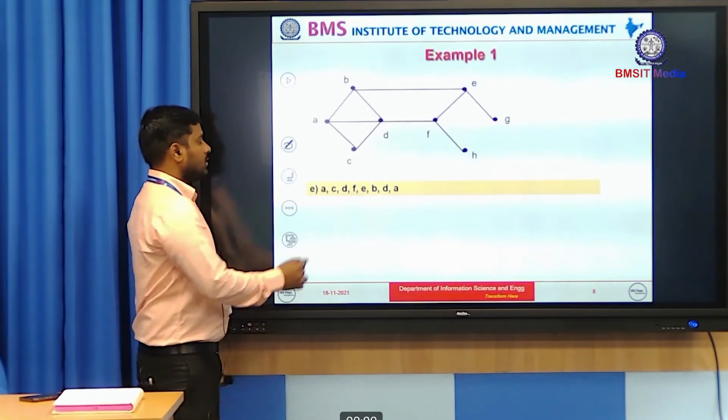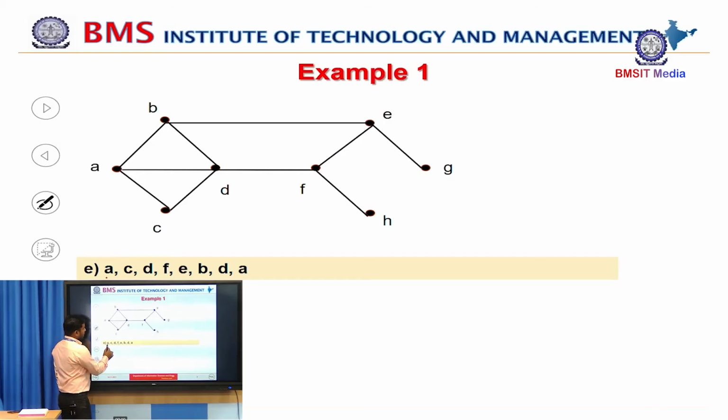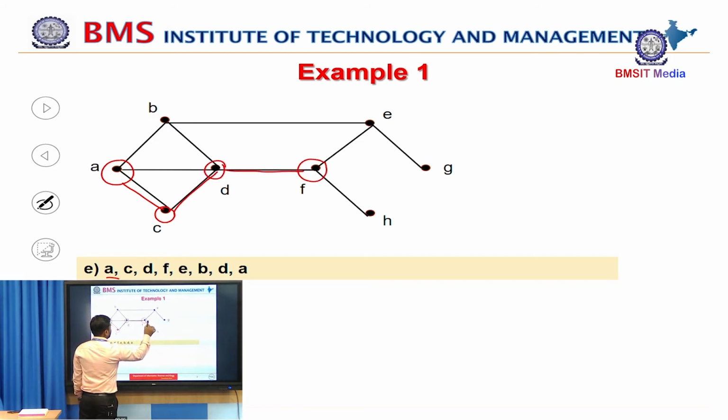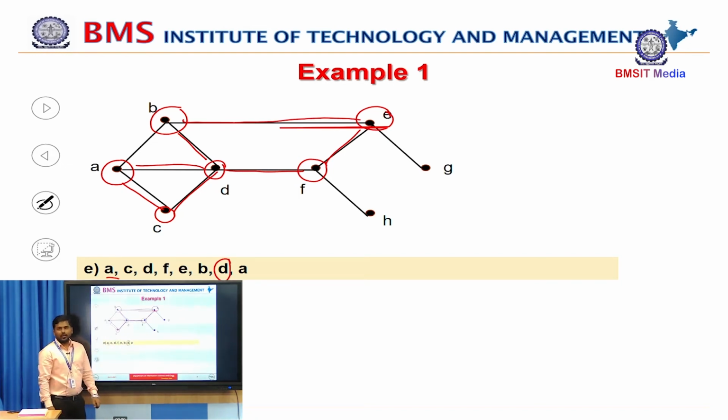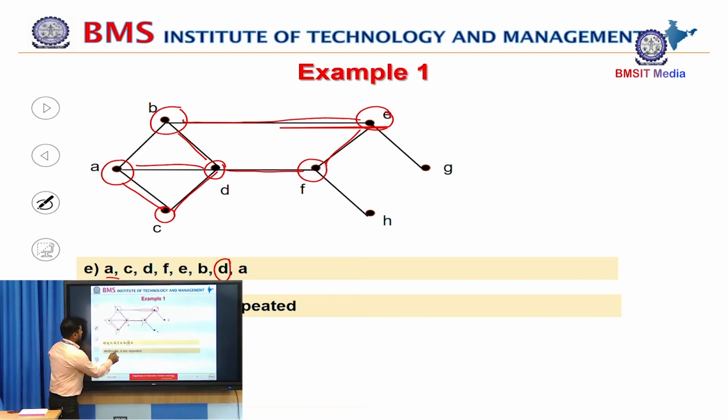Now, let us see what this is. We are starting with A, A to C, C to D, D to F, then F to E, then E to B, then B to D, and again D to A. So, we have repetition of the vertex D, and A also is repeated.